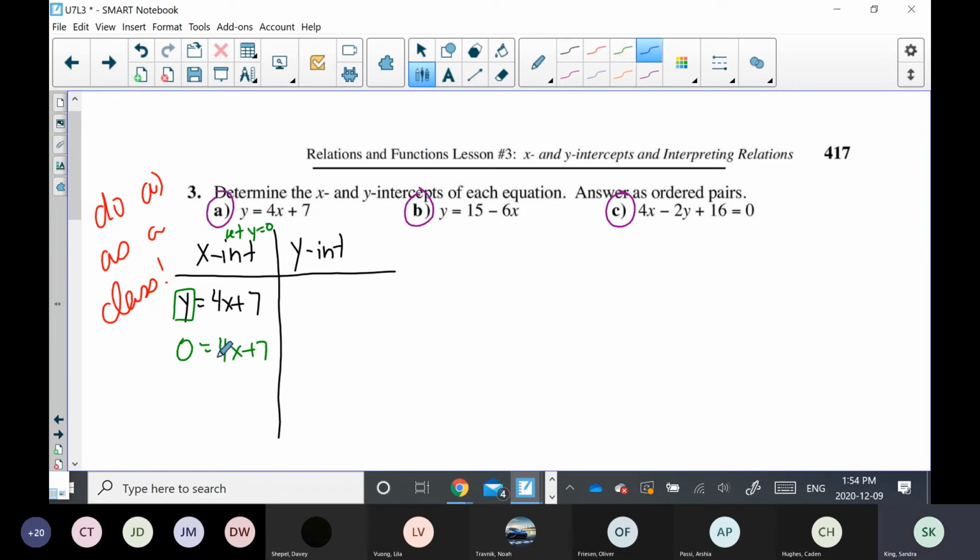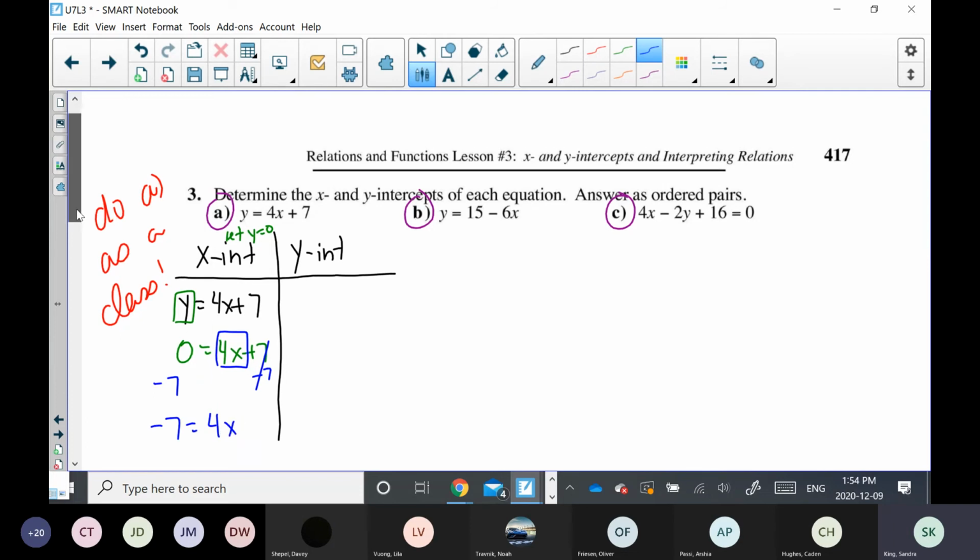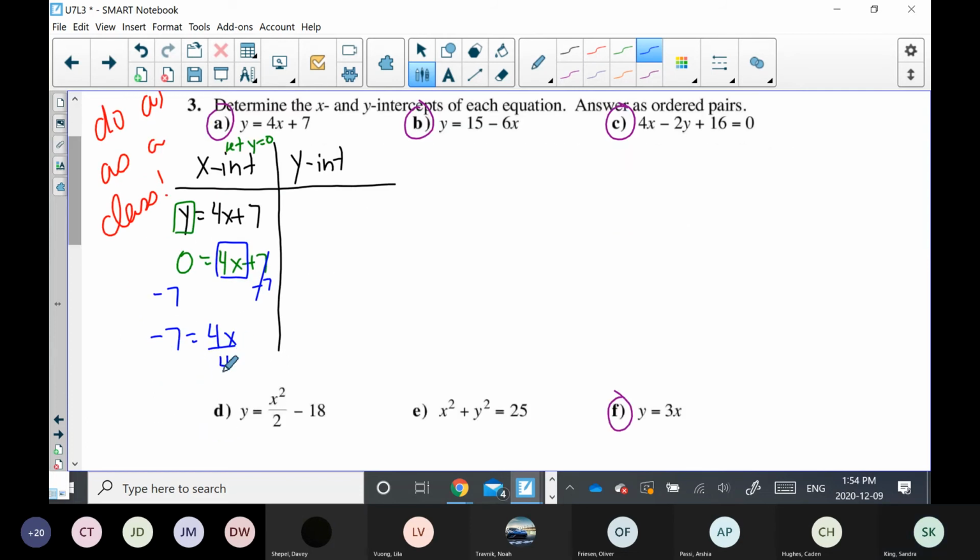And then remember, we want to isolate this X. So get rid of that 7. And I got negative 7 is equal to 4x. Get rid of that 4. The X-intercept is negative 7 over 4.